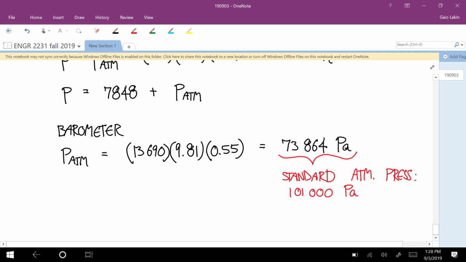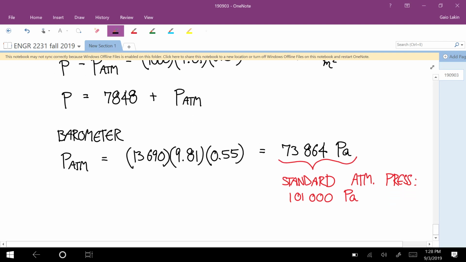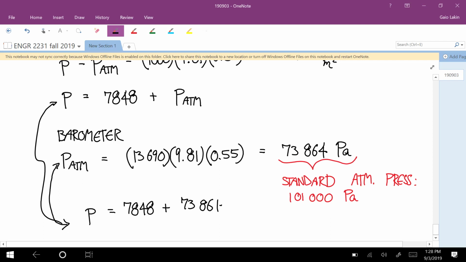And so now we can finally take this and combine them. And we know that the pressure in that enclosure is 7848 plus 73,864.